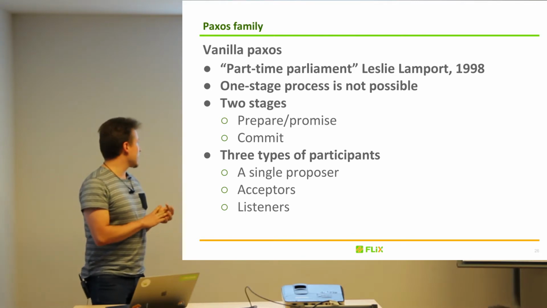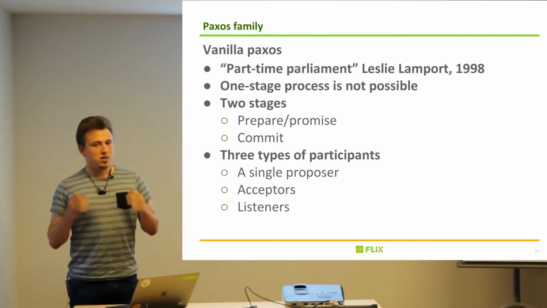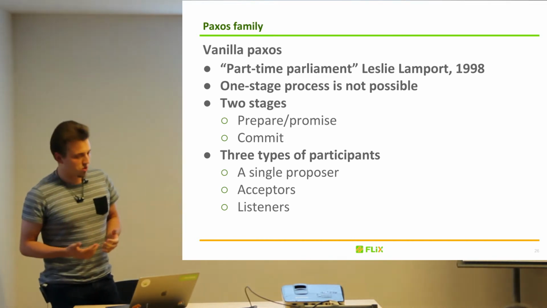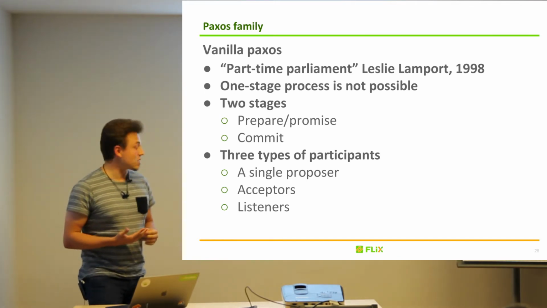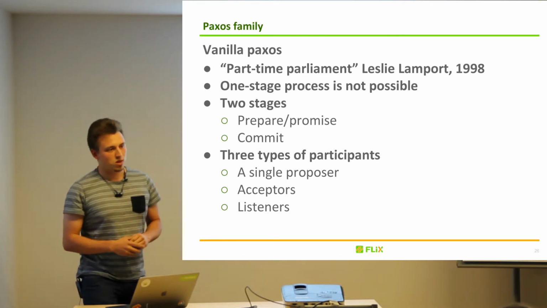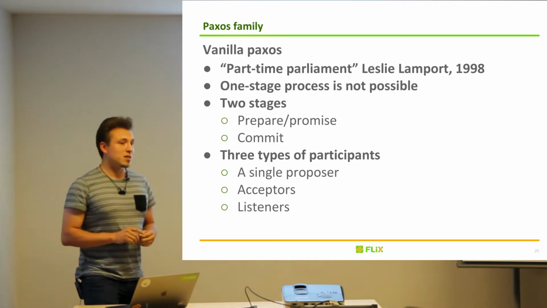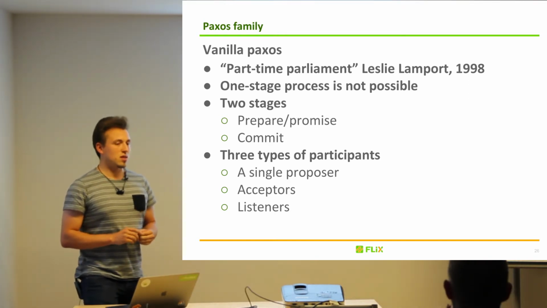What's different is that there are three types of participants defined for Paxos. It's about a leader or proposer in terms of Paxos. It's about acceptors, the followers in ZAB as we've seen it, and listeners, actually everyone that is interested in the decision.